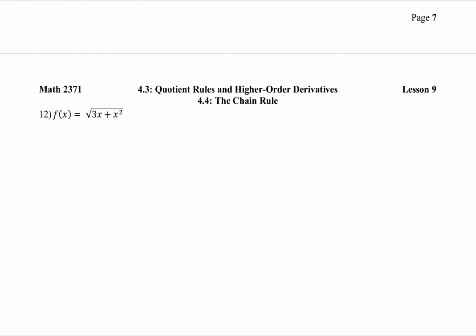All right, so now let's go to number 12. The first thing I have to do is rewrite f of x equals 3x plus x squared to the 1/2.